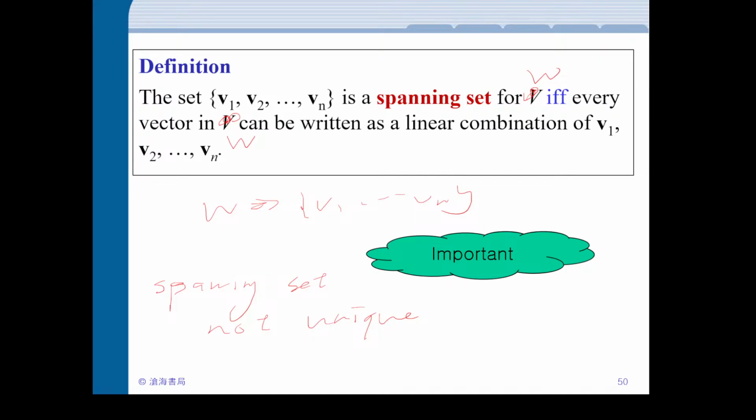This is different from the other thing we just had. You might have V1 to Vn or W1 to Wn, so you can have different spanning sets for a subspace. As we said, this is different from the definition of span.